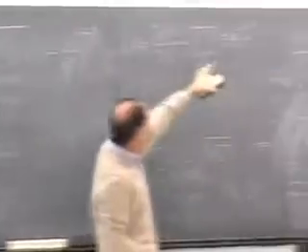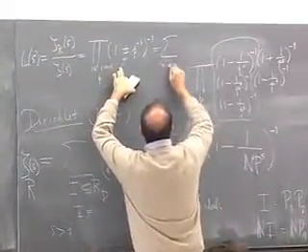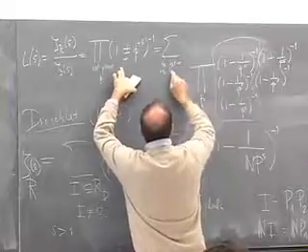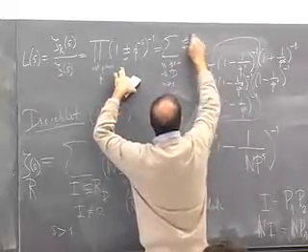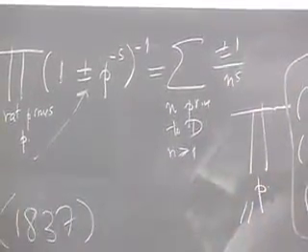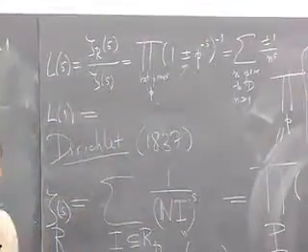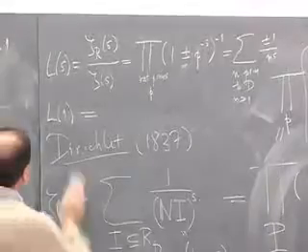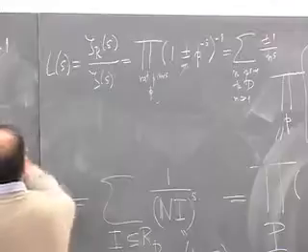But once you take this product, you get a sum over n prime to the discriminant, n bigger than or equal to 1, of plus or minus 1 over n to the s. And there's enough cancellation so that Dirichlet proved that L of 1 exists, and he found a formula for it called the class number formula, which is his great achievement. And the class number formula of Dirichlet is a formula for L of 1.